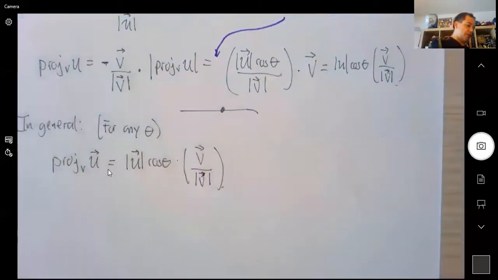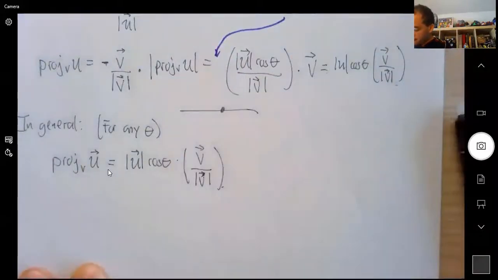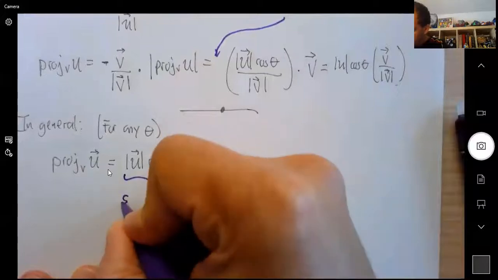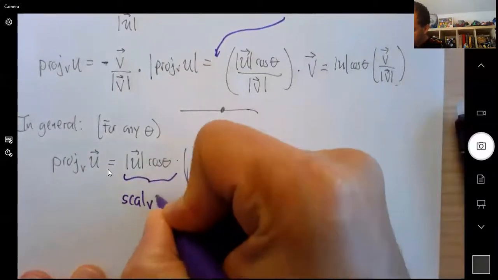That happens in general. And in general as well, the scalar is what you multiply by that unit vector. So this is the unit vector, and this is what you multiply that unit vector by to get the projection.